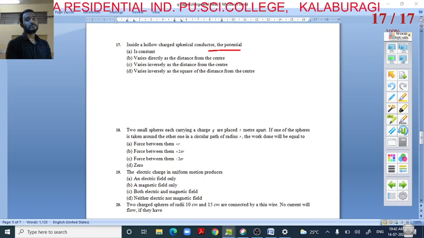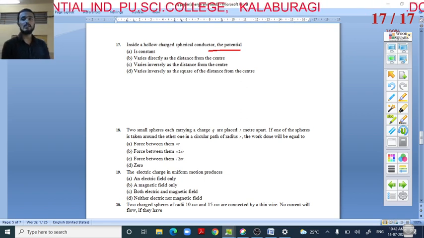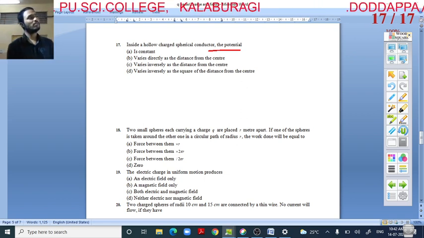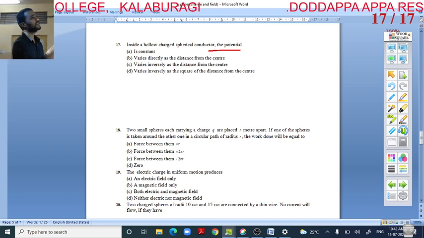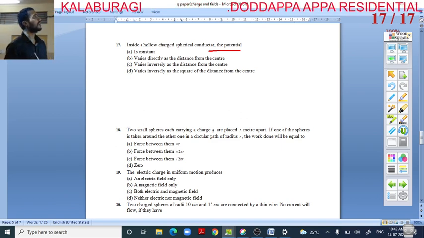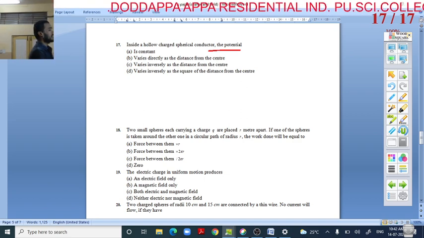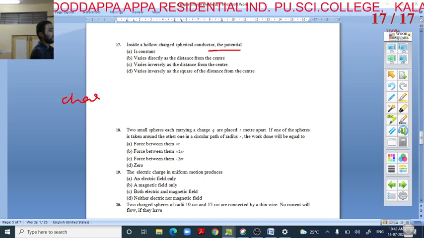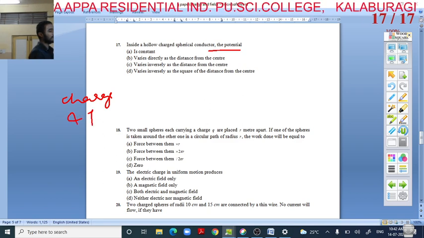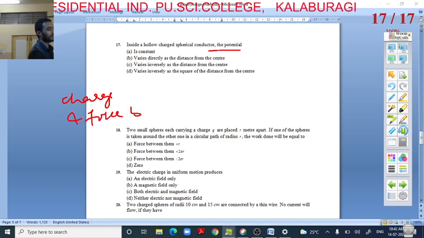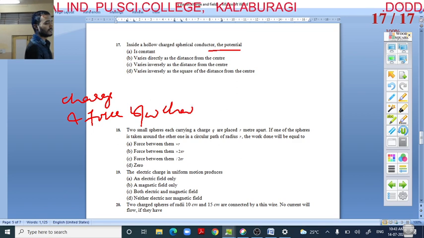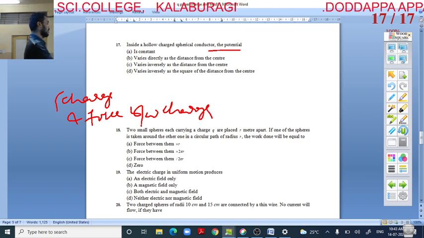In the previous class only we have done the synopsis regarding electric charge and field, and this question is based on potential. Now I am going to stop the discussion. Today we have done the discussion on charge and force between the charges. Based on these two we have done.